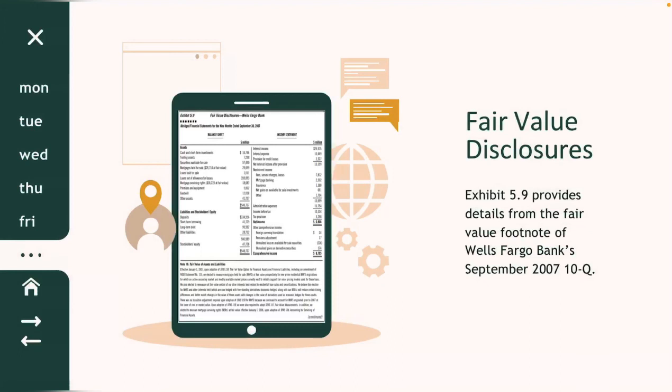Finally, the result is that Wells Fargo reveals that it recorded a net gain of $445 million in net income for all financial assets for which it exercised the fair value option, and a gain of $477 million on mortgages held for sale.